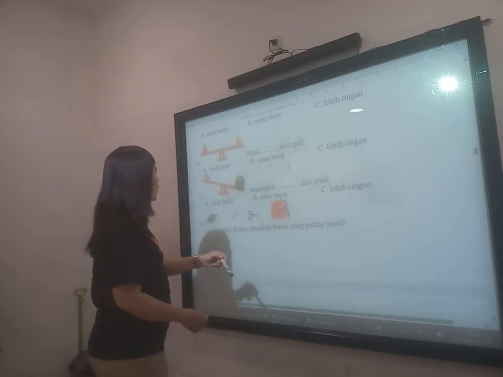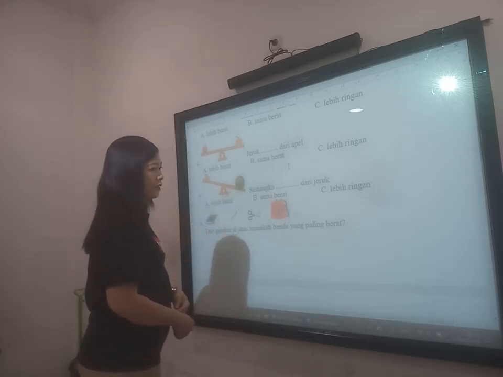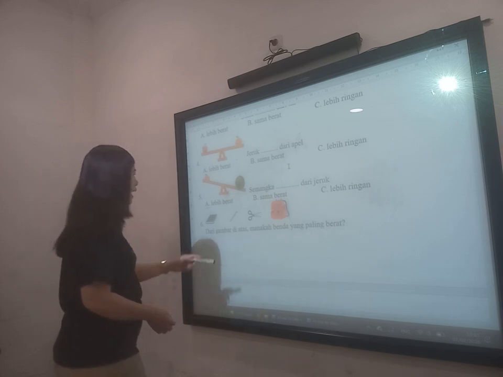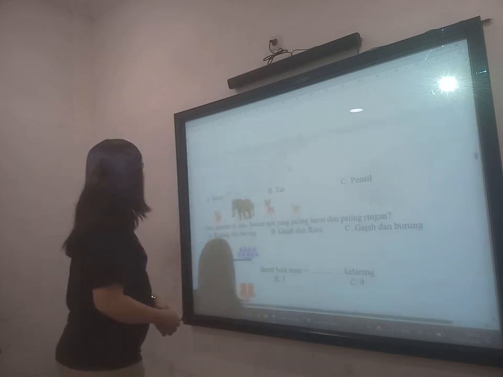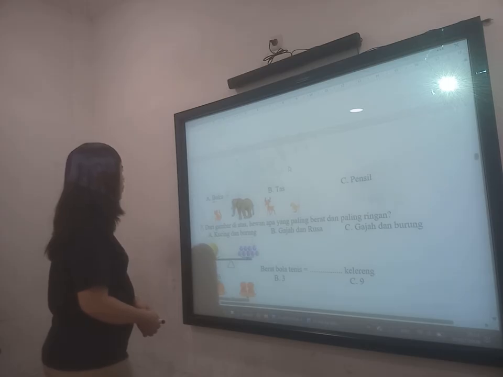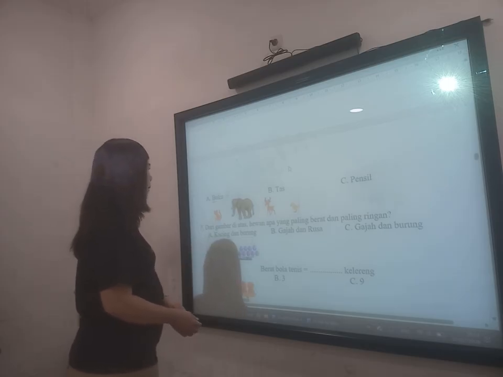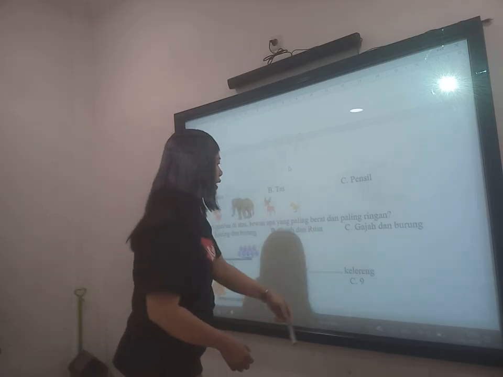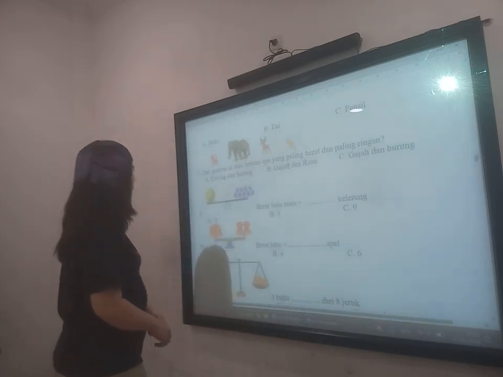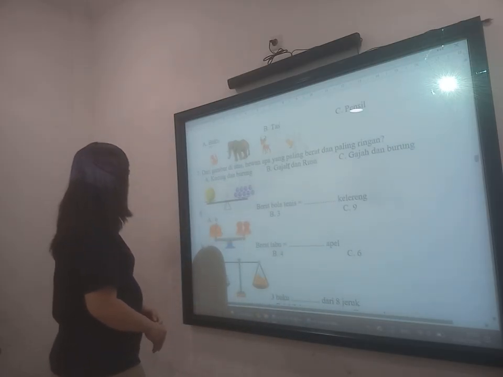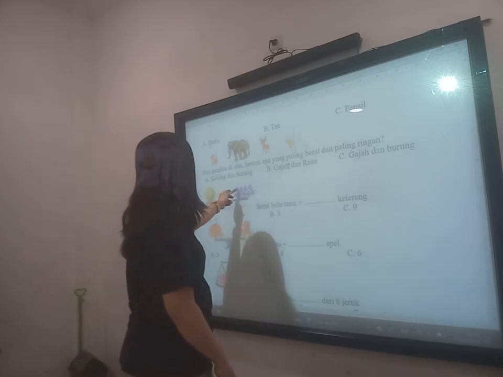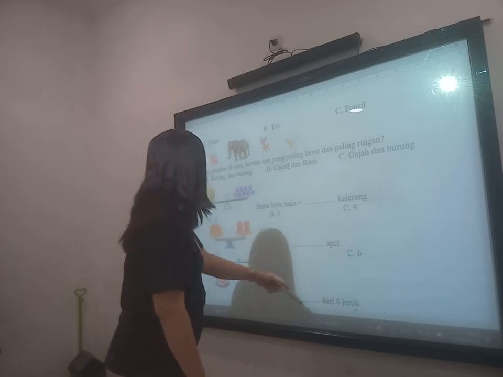Semangka lebih berat dari jeruk. Dari gambar di atas, manakah benda yang paling berat adalah tas. Dari gambar di atas, hewan apa yang paling berat dan paling ringan? Itu adalah gajah dan burung. Berat bola tenis sama dengan 9 kelereng.